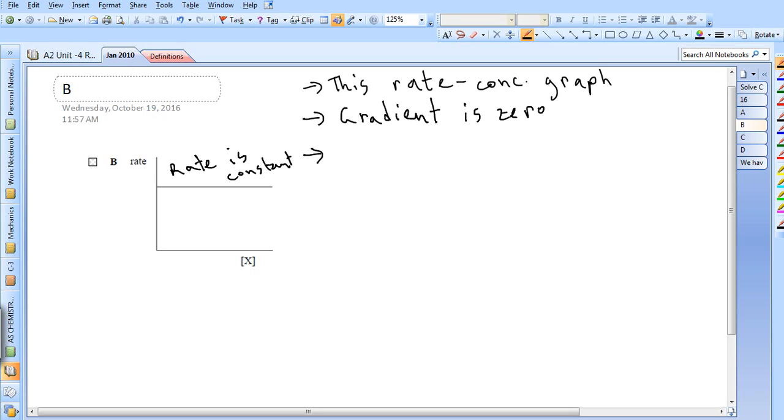Therefore we can see that this is a zero order reaction for X. So X is zero order over here.